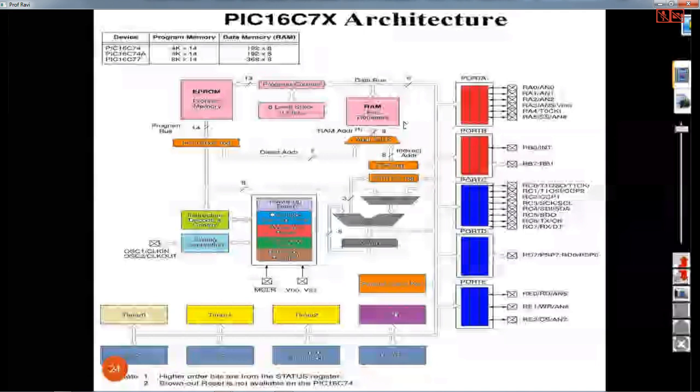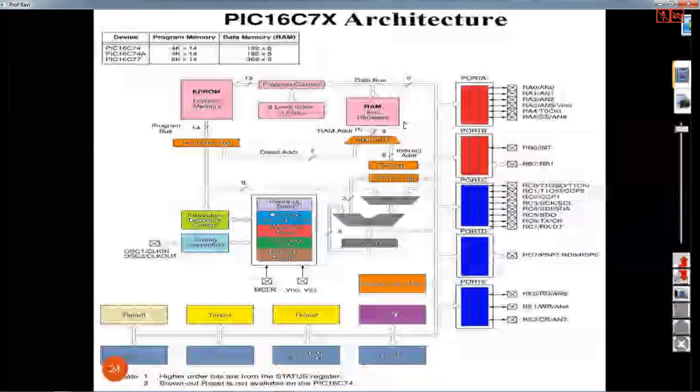And here you have an on-board watchdog timer and on-board brownout reset. What is this brownout reset? If the power supply to the pin of this chip goes below 4 volts, it automatically resets the microcontroller.